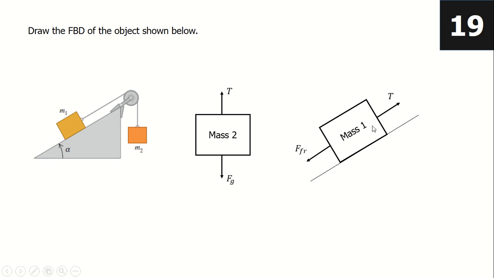That's why the frictional force right here is downwards the incline, since the tension here is accelerating mass 1 upward the incline. So the frictional force will be opposite that. Gravitational force is always straight downwards, even if the mass is on an incline, but the normal force will always be perpendicular to the surface. So that's why it looks like this.